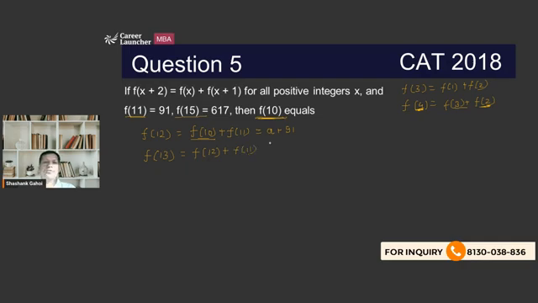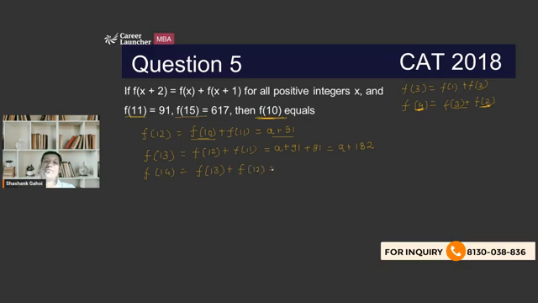Okay. So what is the value of f12? We have already calculated, that is a plus 91. F11 is 91. So I can say it is a plus 182. Okay. What is the value of f14? F14 is equal to f13 plus f12.